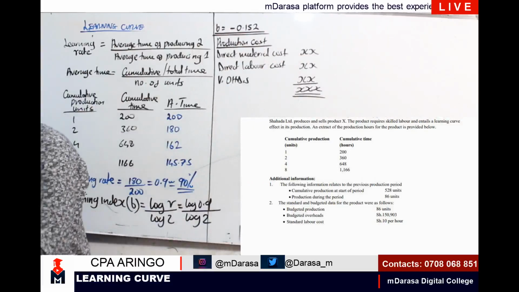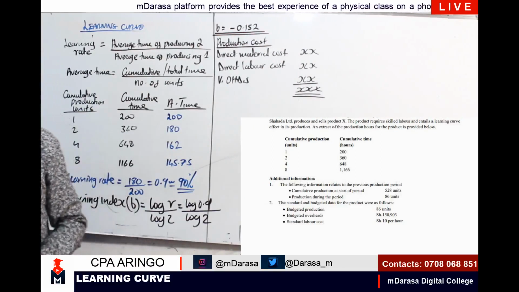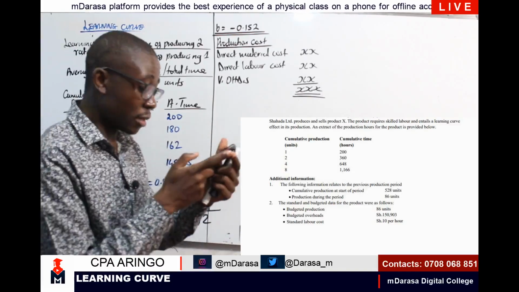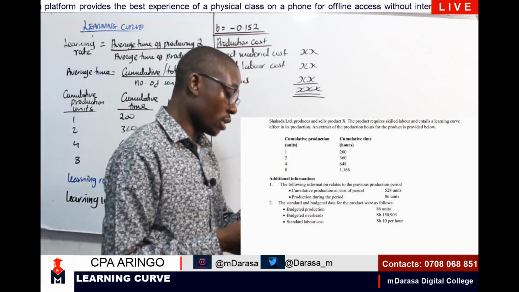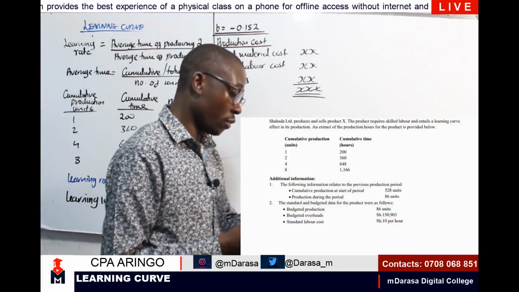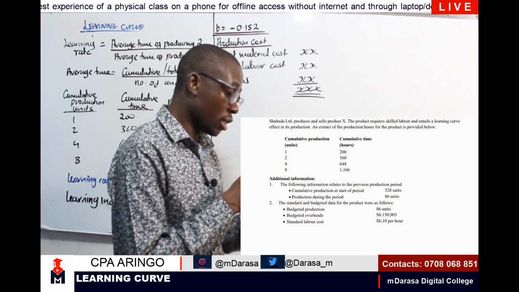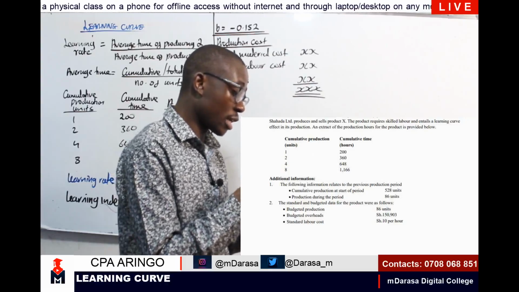We can clearly see that I was given my material cost. Look at that note, note number 2. Budgeted production units is 86 units. Budgeted overheads is 150,903. Standard labor cost, I'm given 10 shillings per hour. Then below there, we are given the standard material cost.